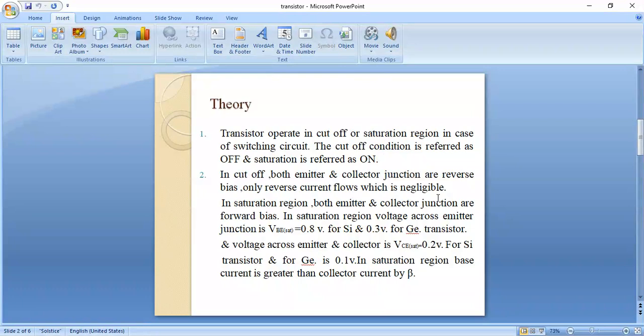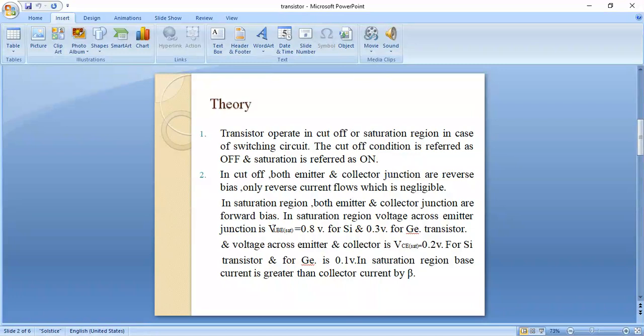When both emitter and collector junctions are forward biased, base and collector current flows at the base and collector terminals, and the voltages at the base and collector terminals are called the base to emitter saturation voltage and collector to emitter saturation voltage.